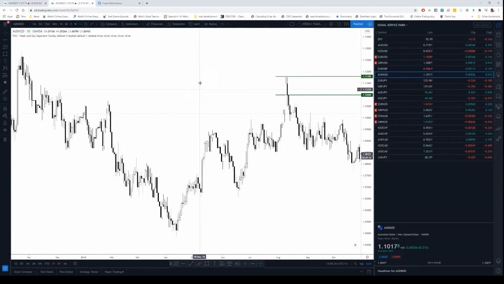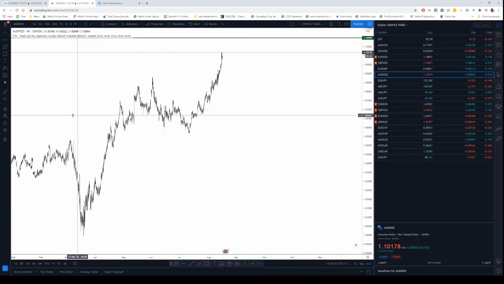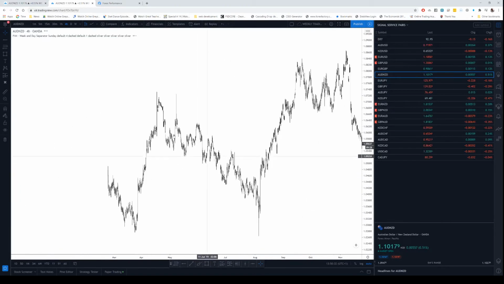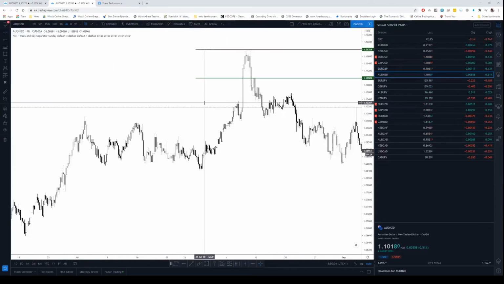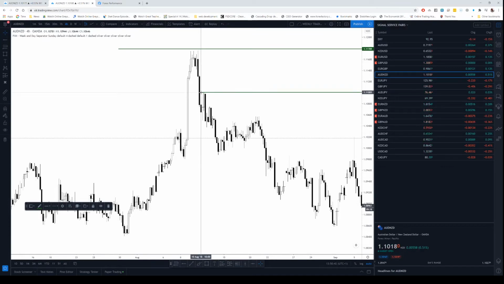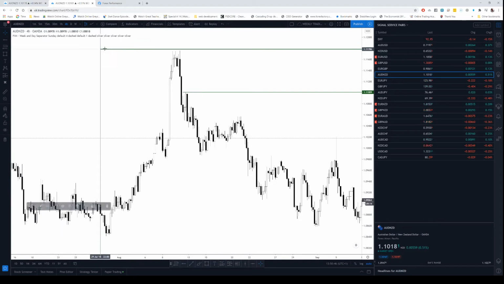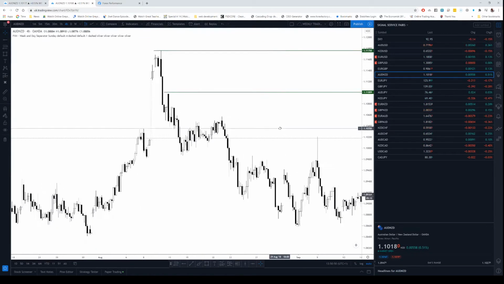Let's jump onto the 4 hour and see if we have any 4 hour level that we can also target. Above this high is a potential next target, and then we have these clean highs there as well.